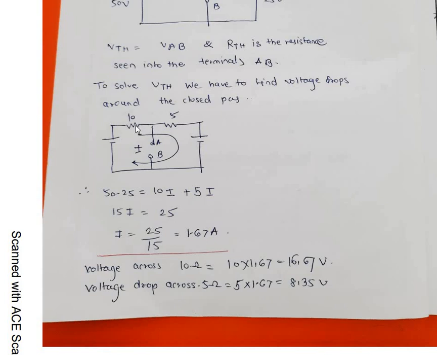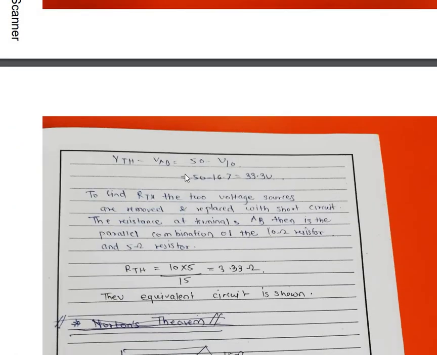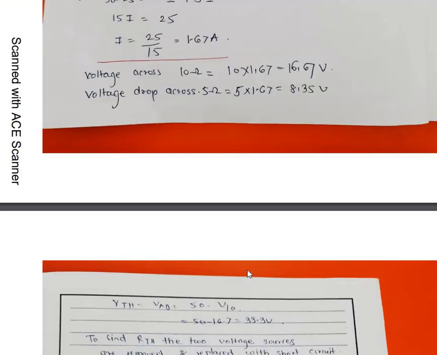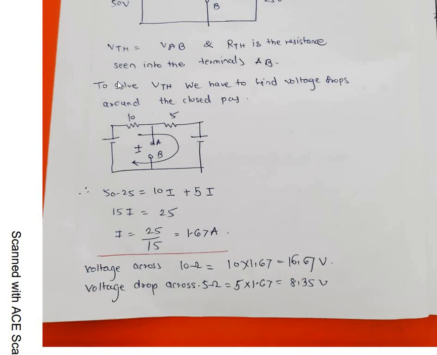So 10 and 5 will be in parallel, not in series, since one end is connected together and the other end is connected together. So 10 and 5 will be parallel, and therefore it will be 10 into 5 divided by 10 plus 5, that is 50 divided by 15, 3.33 ohm. So this way you can calculate VTH and RTH.